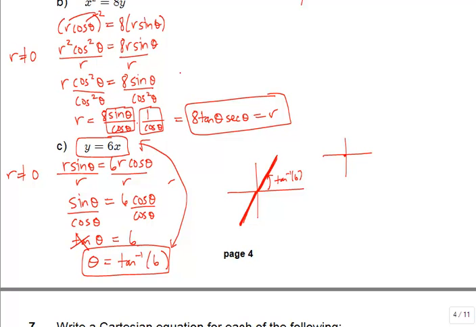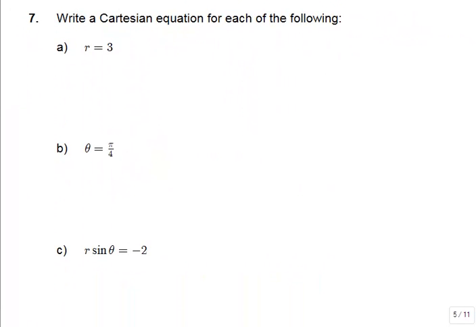Okay, so on all three of these, we took a Cartesian equation and we converted it to polar form. Now what we're going to do is start with a polar equation and turn it into its Cartesian form. So to do that, you are going to again be using some of these relationships. x equals r cosine theta, y equals r sine theta.